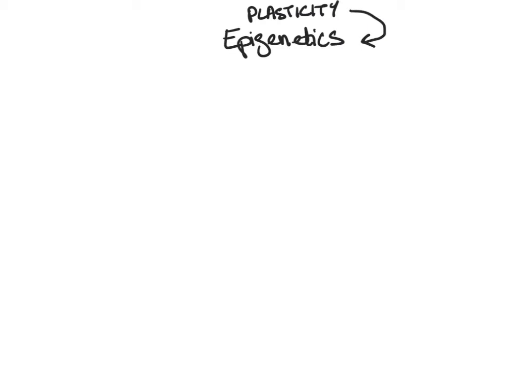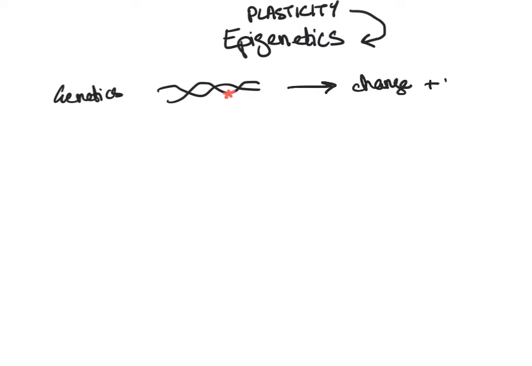So epigenetics is the concept that there is something else above the DNA that affects how DNA is expressed. So genetics, the standard way of thinking about this, is I have a string of DNA, and now I create a mutation in this DNA. And that mutation leads to a change and a new phenotype or a new protein.